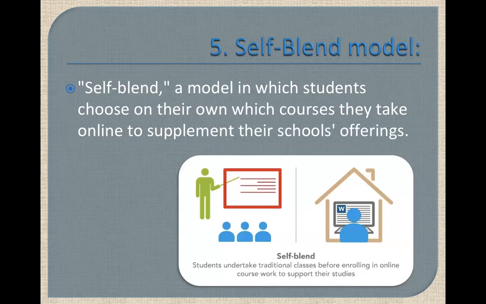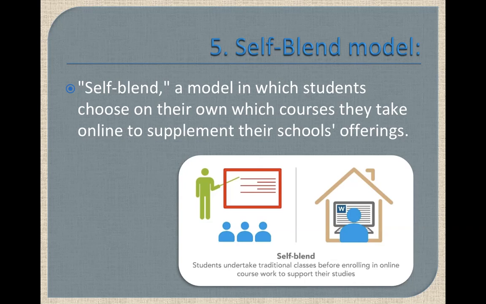Now the fifth part, the self-blend model, right? This self-blend model, as we discussed earlier, is a model in which students choose on their own which courses they take online to supplement their school offerings. Now they have all been learning, visiting the school, being guided by their faculties, and helped by their teachers, their mentors, the school, the textbooks and everything.